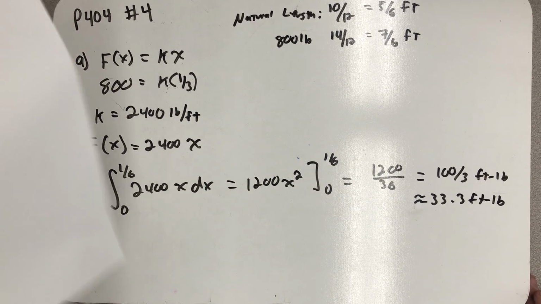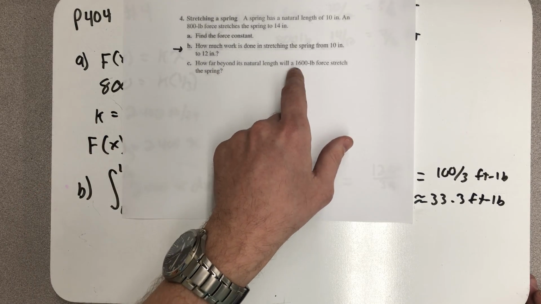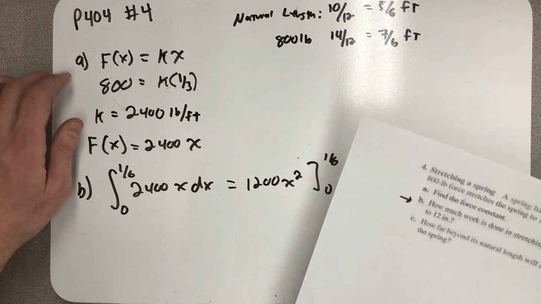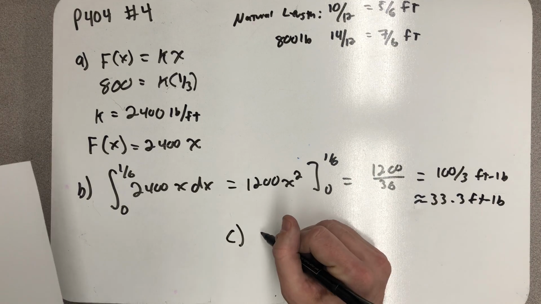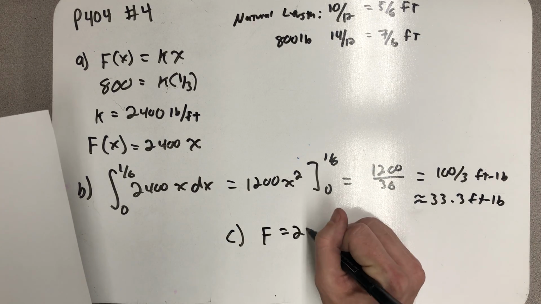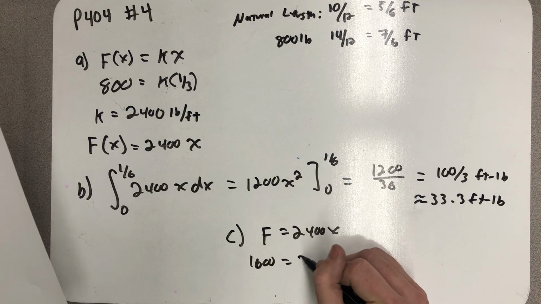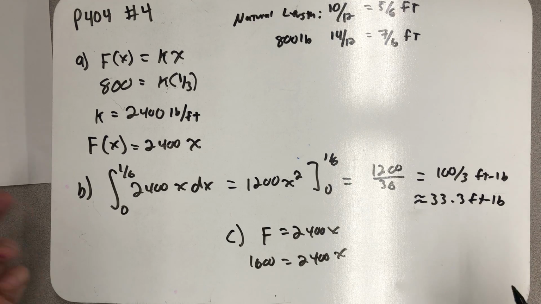All right, part C. How far beyond its natural length will a 1,600-pound force stretch the spring? That's not a calculus question. That just comes to use my force function. So F equals 2,400 times X. 1,600 pounds has to equal 2,400 times X. We just need to do some division.